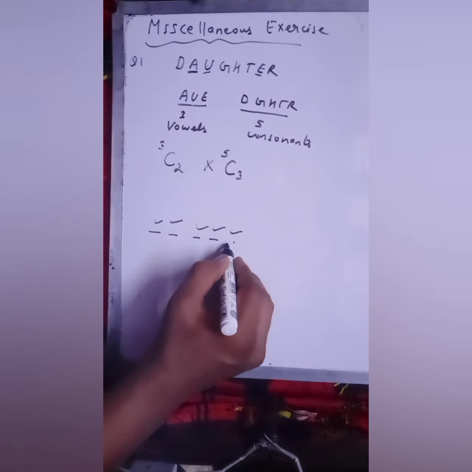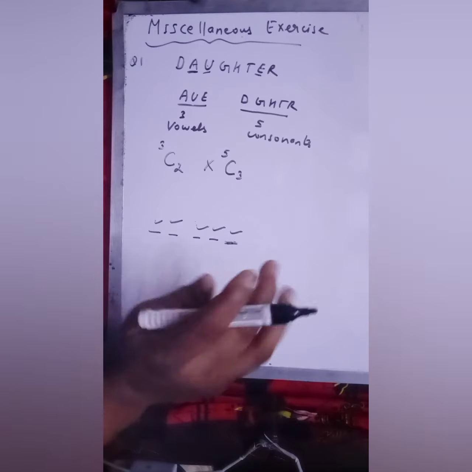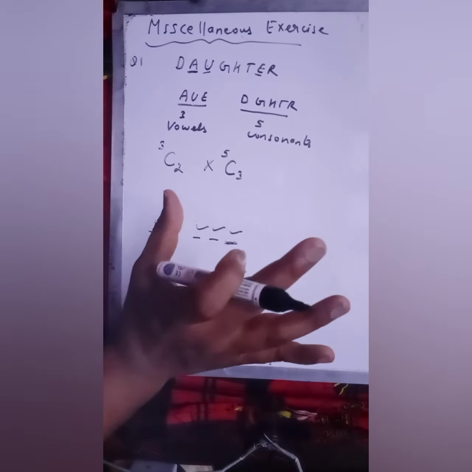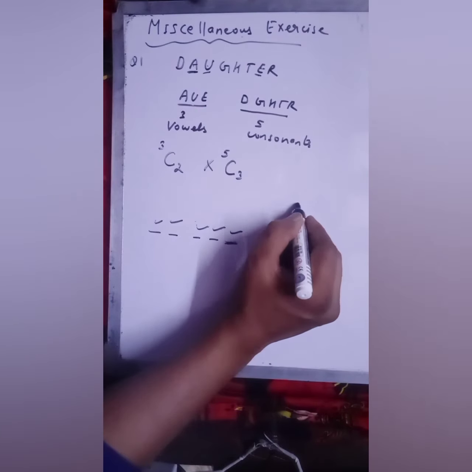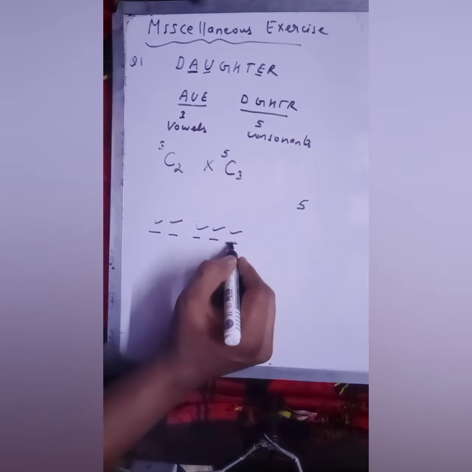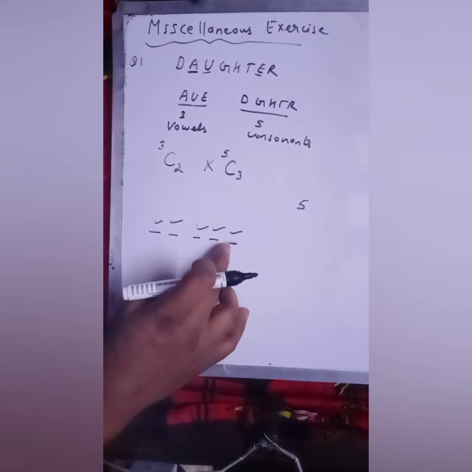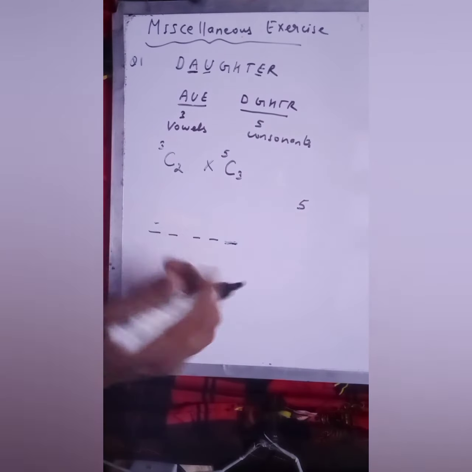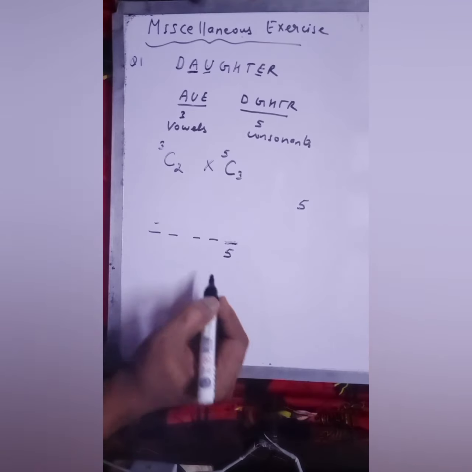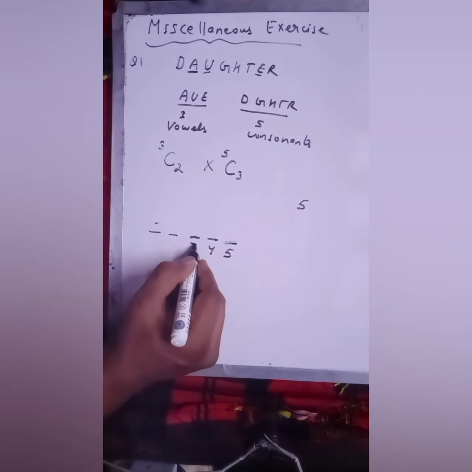So this and this place are occupied. For this place you have 5 choices, so from all the 5 letters you can put any one at this place. For this place you have 4 choices. For this place you have 3 choices.